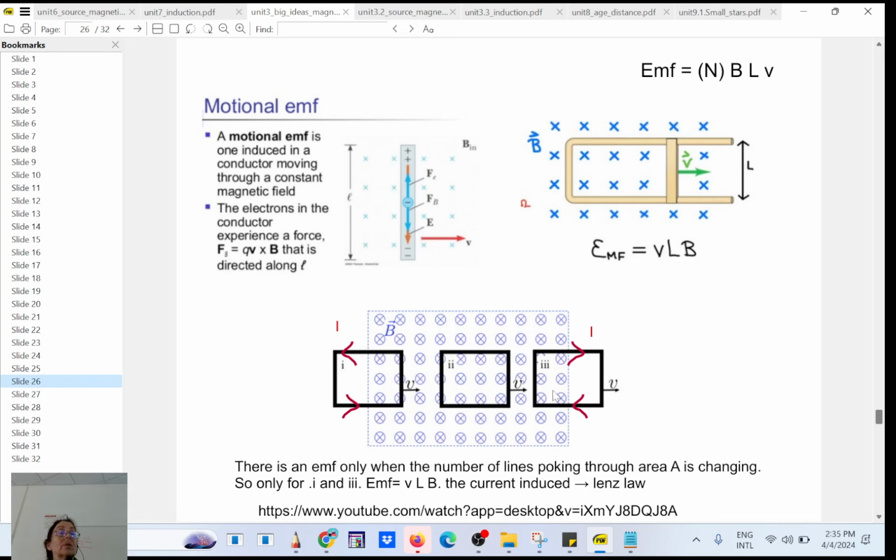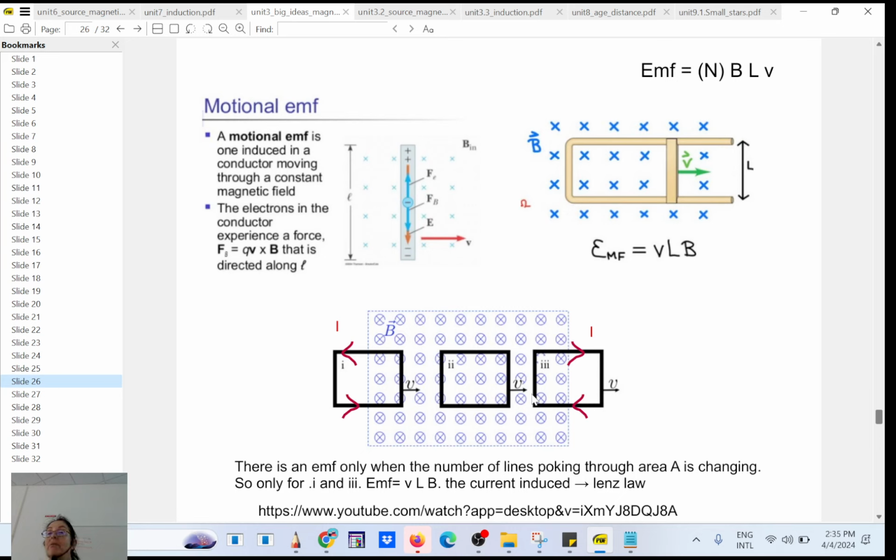What about here? Is it changing once it's going to leave this area? Yes, right? So is it going up or down, the number of field lines going through the membrane? Down, right? So it decreases. As long as it's changing, then there will be an EMF. Is that clear?